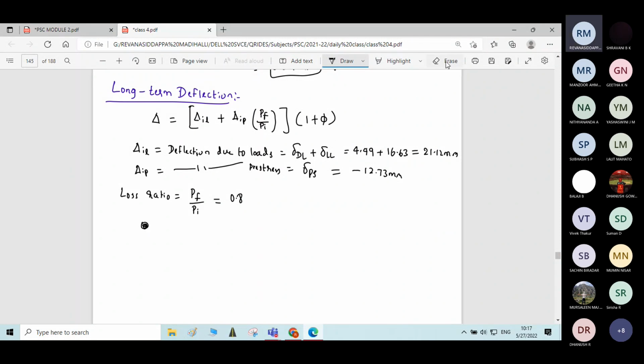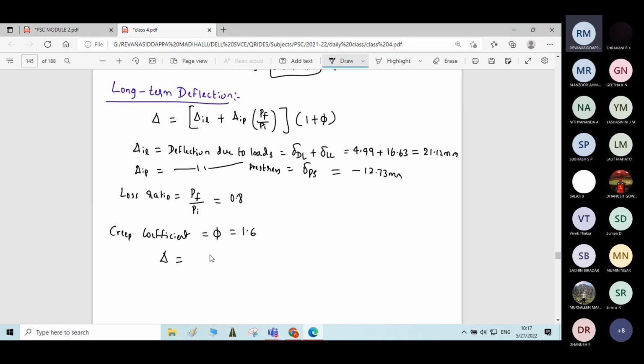Creep coefficient pi is given as 1.6. Okay, now we can substitute everything to get the long-term deflection.